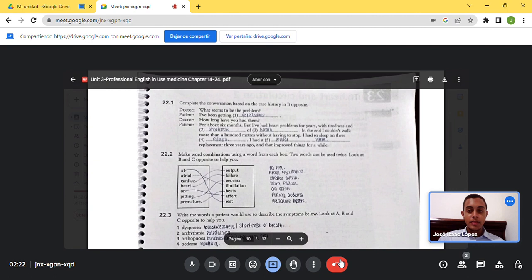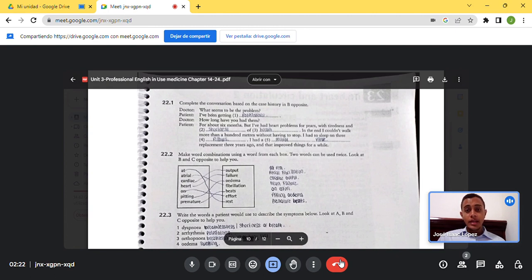Okay, that's in Spanish. ¿Cuál es el problema? He estado teniendo palpitaciones. ¿Por cuánto tiempo las has tenido? Durante unos 6 meses, pero he tenido problemas cardíacos durante 1 año, con cansancio y dificultad para respirar.